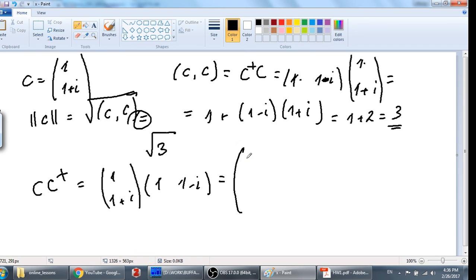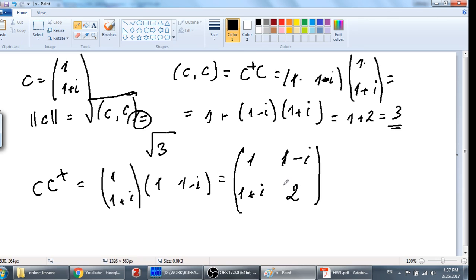This element will be 1 times 1, which is 1. Next one is 1 times 1 minus I, that's 1 minus I. Here's 1 plus I times 1, 1 plus I. And 1 plus I times 1 minus I will be 2.